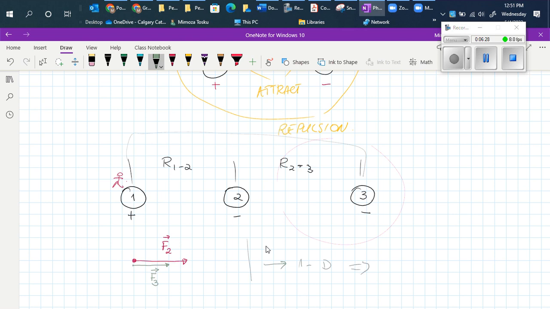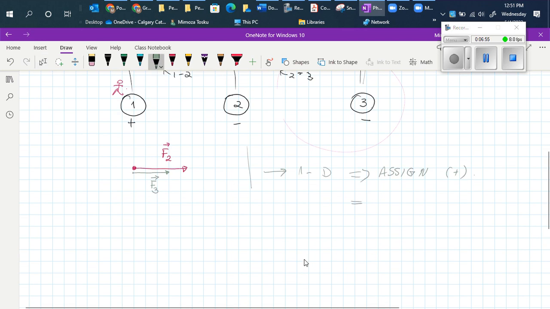And what do we do when we have a 1D situation? 1D means that in one direction, in the same line, collinear to each other, maybe parallel to each other, but in the opposite direction or in the same direction. We assign a positive direction, and you can assign any positive direction that fits your situation, and then you always add, using positive or negative numbers.